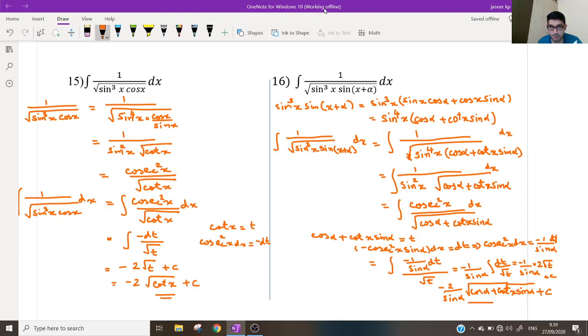So this will be the answer, that is minus 2 by sine alpha under root cos alpha plus cot x sine alpha.